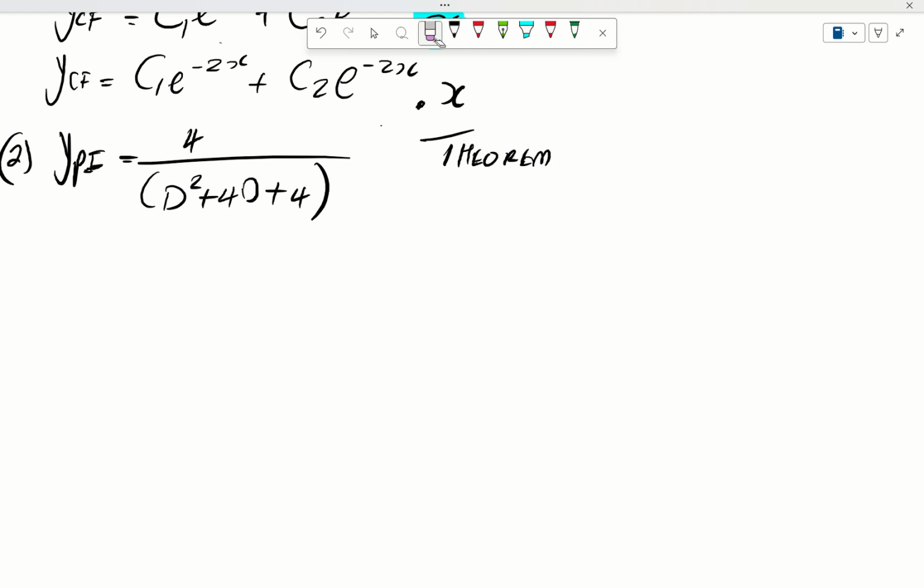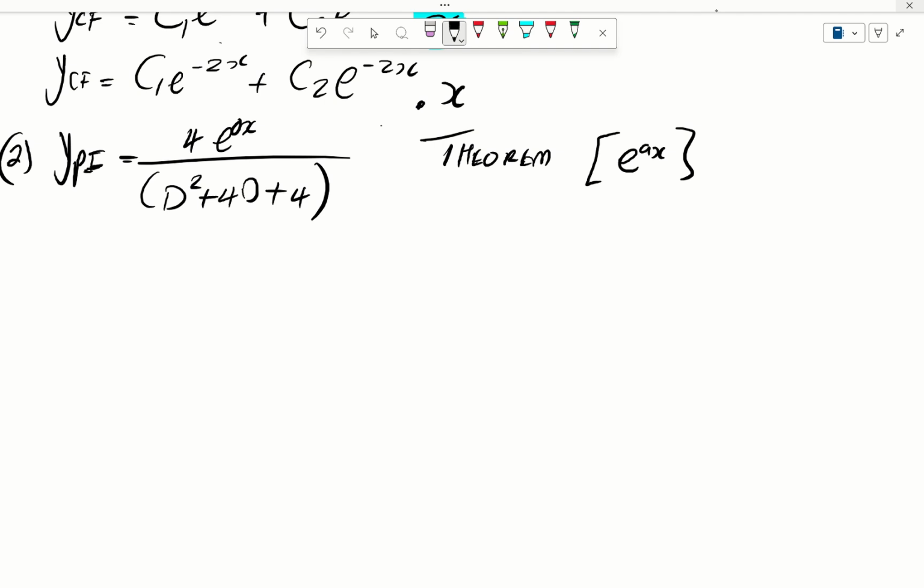There are different theorems there, and you need to master them. The theorem that you use for a constant, you need to know that a constant must have e to the power ax. So we can put e to the power 0x.